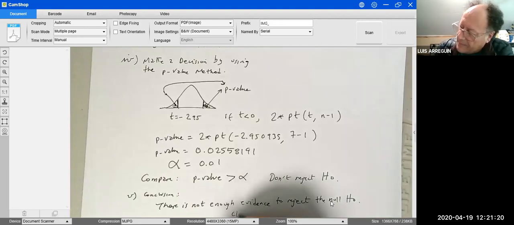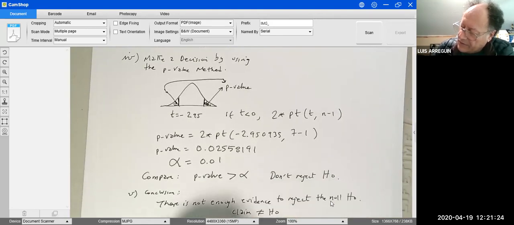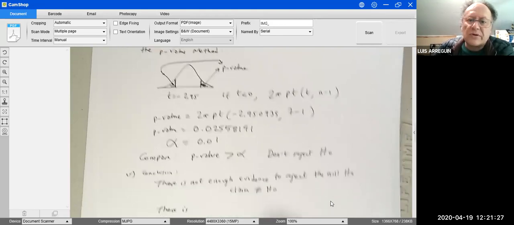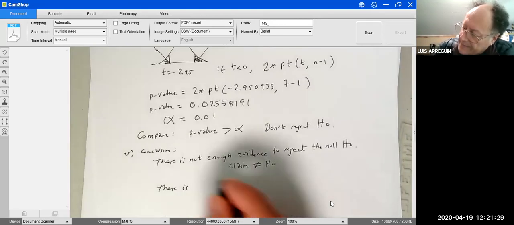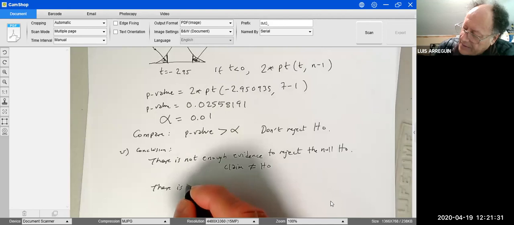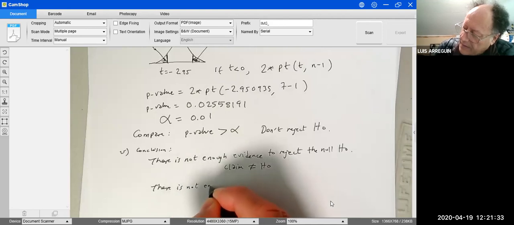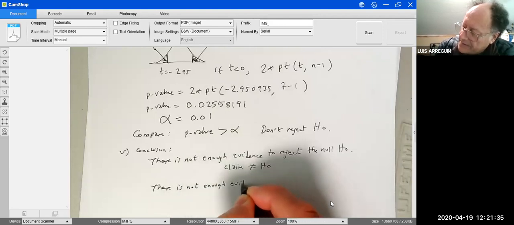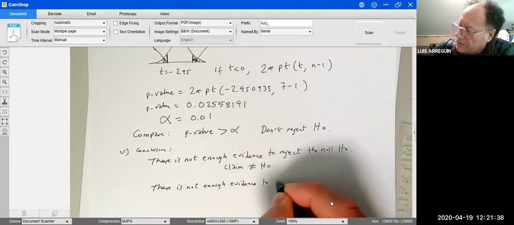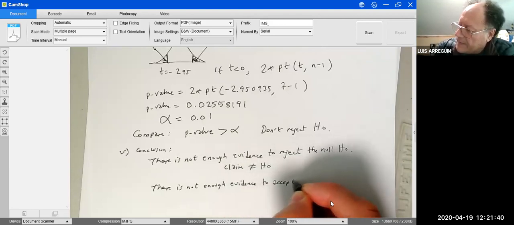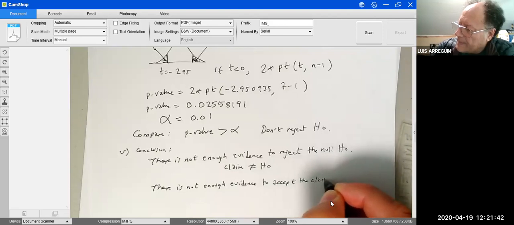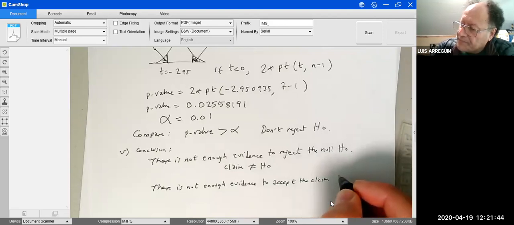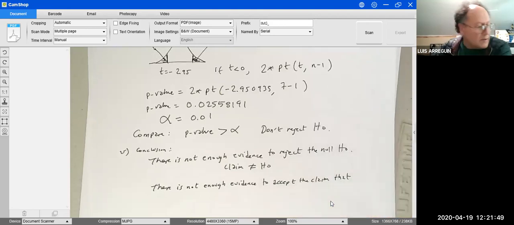Now we see that the null is different with respect to the claim. So the claim and the null are different, so that means that we need to adjust our conclusion. We need to modify the wording. So we're going to write there is not enough evidence to accept the claim. The claim that in this case there is a difference in the treatment.